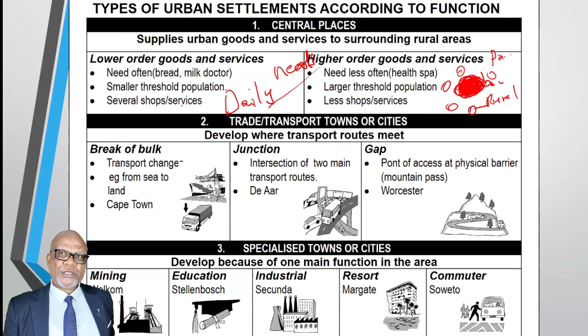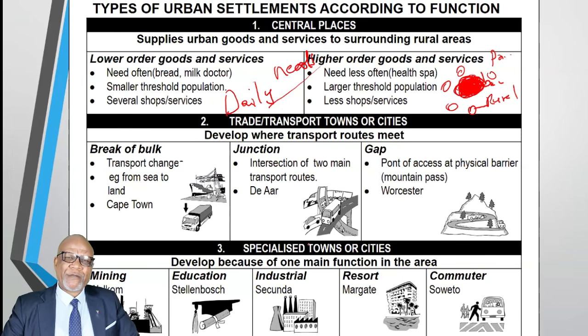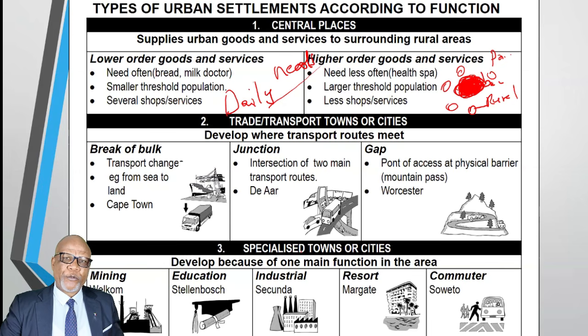So it's not a question of using, it's a question of buying. You can use a high order good on a daily basis, but you buy it once in a while. Your bread, your butter, your milk, all those things that you use on a regular basis will be your low order goods. So you travel a shorter distance for them.